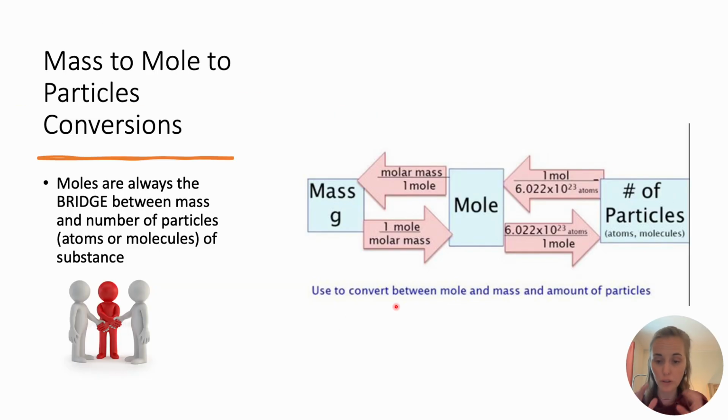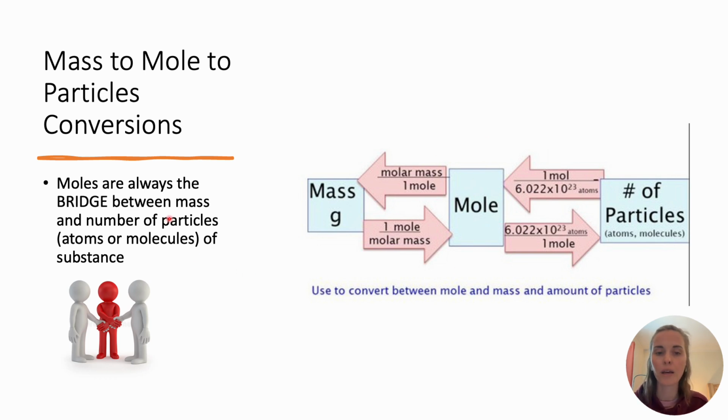In the first 2 practice problems we did, we went from moles to the number of particles that were in iron. Then in our second practice problem, we went from moles to the left, asking how much mass is that? How many grams is in that many moles of iron?